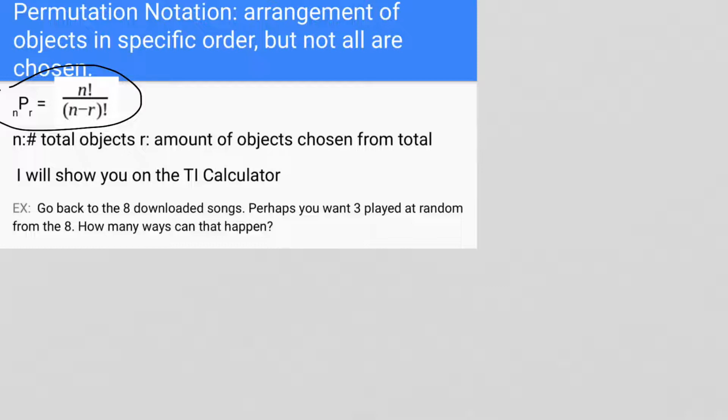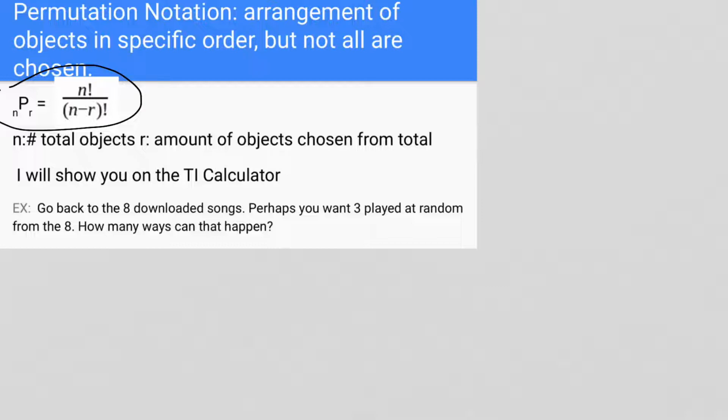So n, the number on the left, the subscript, is the total amount of objects. R, the other subscript on the right-hand side, is the amount of objects you're choosing from the total of n. And there is actually a formula for this, but we're going to be using the calculator to get the answer though. The way to figure it out is to use factorials. So we would do n factorial, all divided by the factorial of n minus r. I'm also going to be showing you this on the calculator.